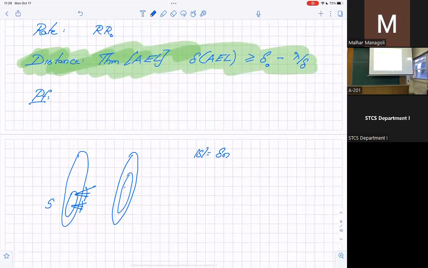So let's say this. Let C belong to the code, a non-zero code word. Let C prime belong to AEL be the corresponding AEL code word.